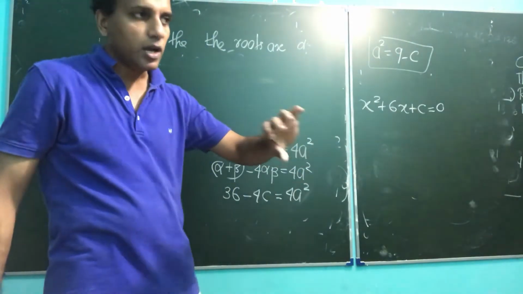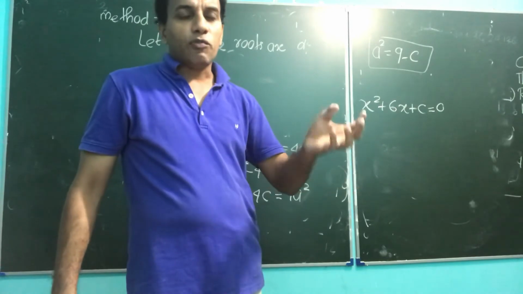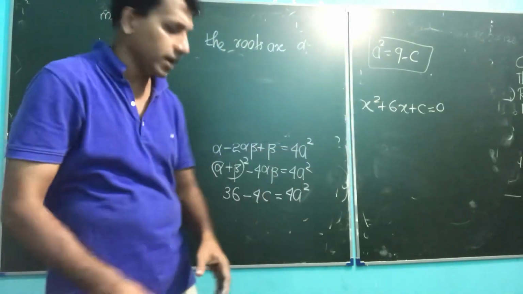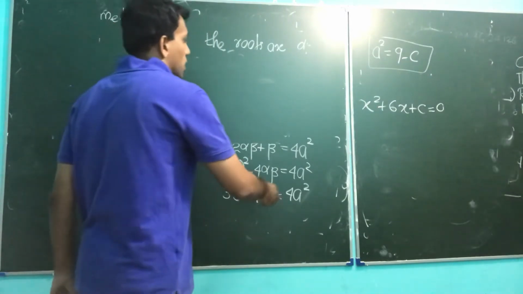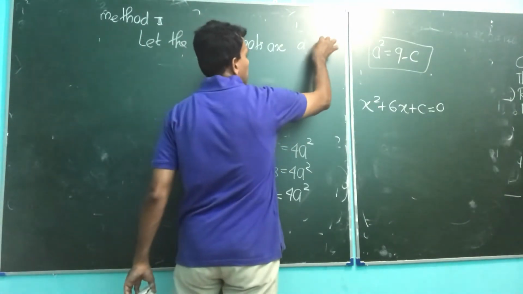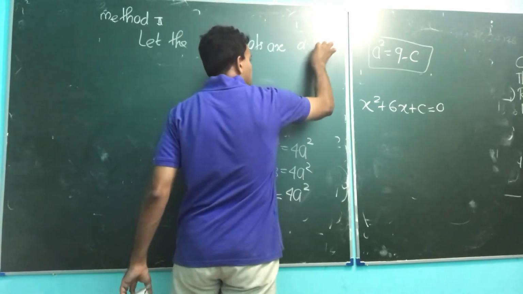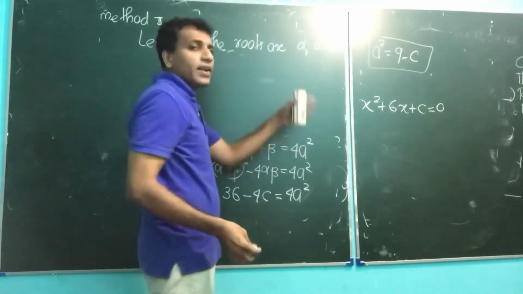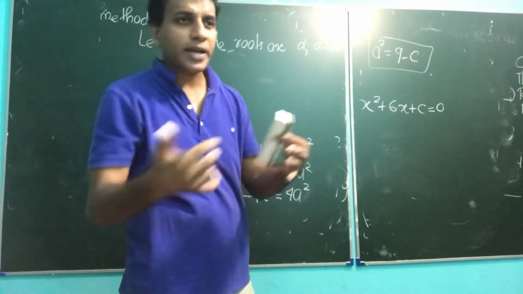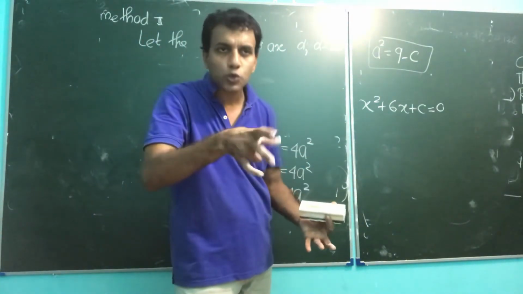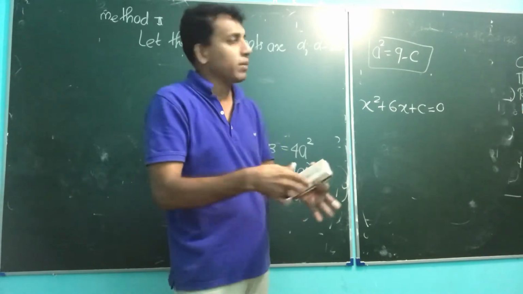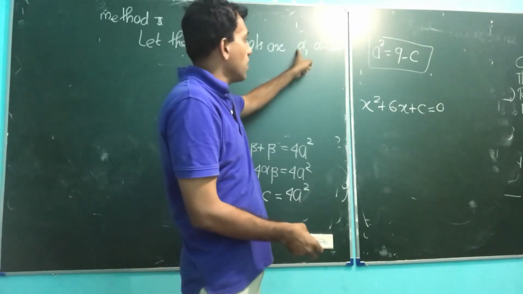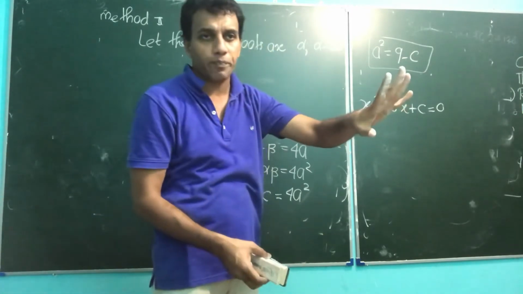The difference should become 2a: if you subtract the small number from the large number, it should come to 2a. Say the roots are alpha and alpha minus 2a. Large number minus small number, the difference is 2a. We don't know which is the bigger one here, but alpha is clearly the biggest, so alpha minus the other gives 2a.